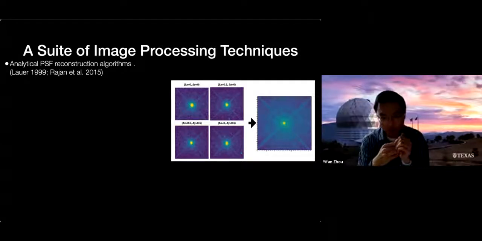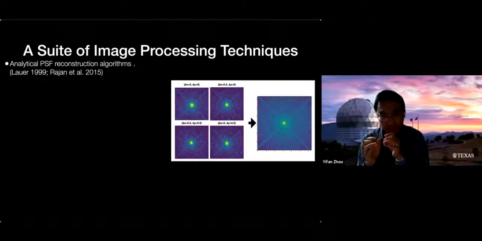The Wide Field Camera 3 detector for Hubble was not initially designed for this kind of tiny field of a point source. So the original PSF is not Nyquist sampled, but luckily there is an analytical algorithm, developed 20 years ago, that can give us a guaranteed Nyquist sampled PSF so that we can apply the subsequent PSF modeling algorithm to it.